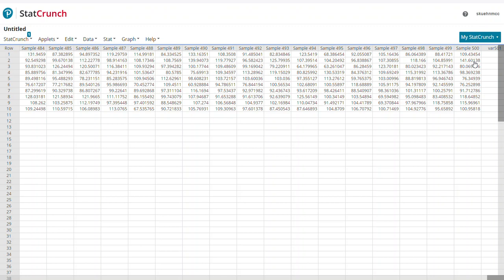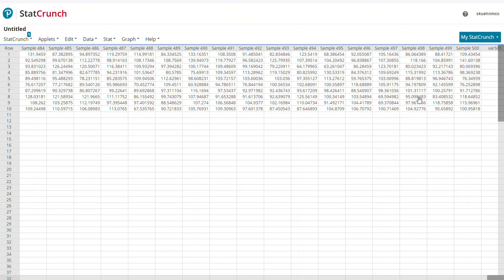And you'll notice that for each of these columns, there is a different set of 10 IQ scores, and that makes sense because we're sampling from a population, and I'm collecting 10 samples, and then I repeated the process each time talking to 10 new people.